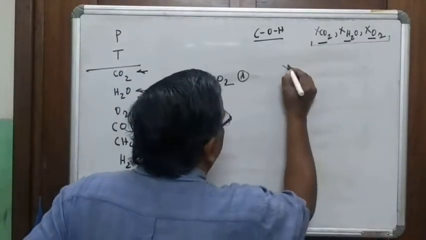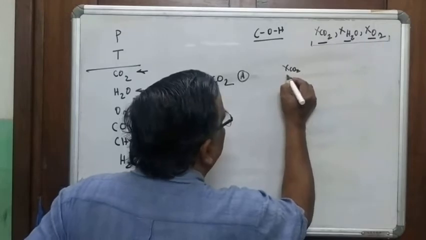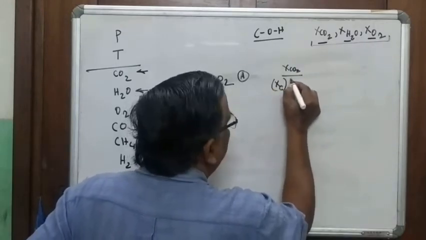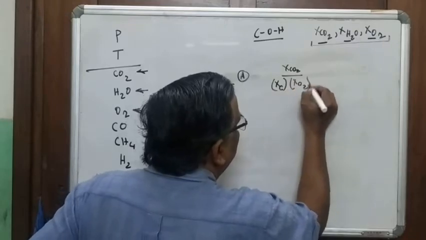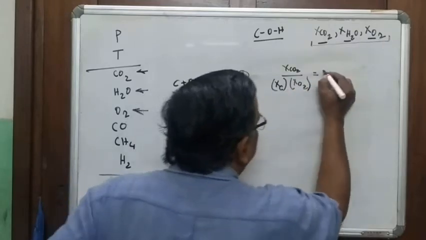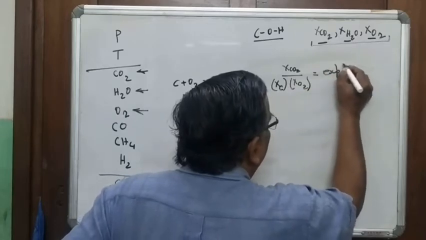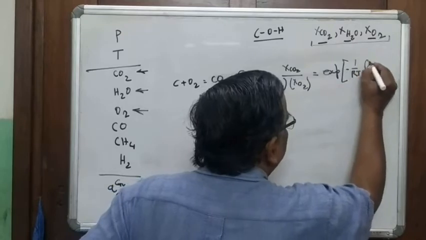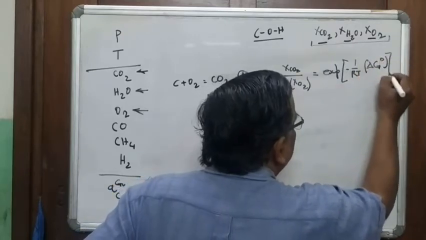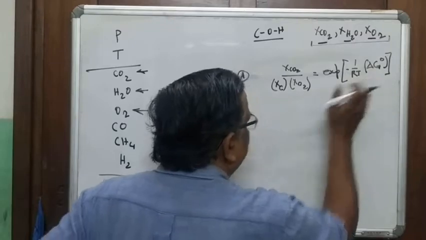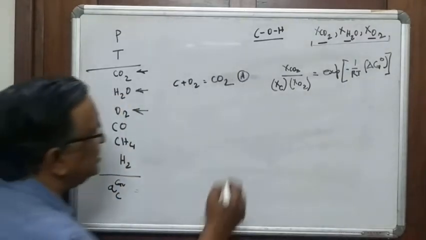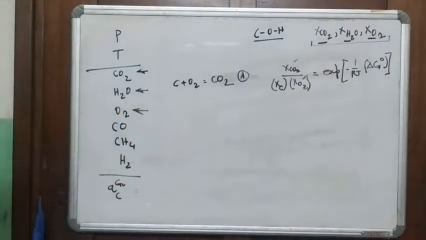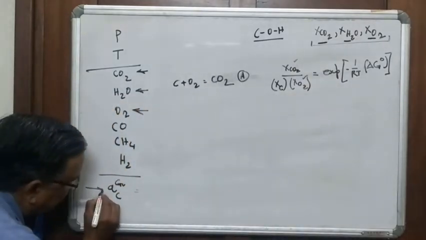Because HCO2 divided by Xc into XO2 is equal to exponential bracket minus 1 by RT into delta G0. Right? So at this pressure temperature condition, this is constant. So if this is constant and you have input XCO2, you can find out X graphite.